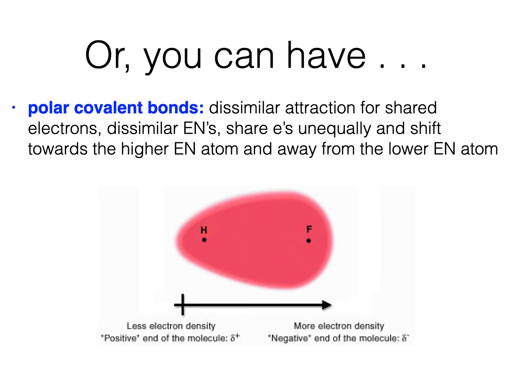Here you see this depicted in a hydrogen fluoride molecule. Two nonmetals, hydrogen and fluorine, but fluorine has a really high electronegativity, 4.0, and hydrogen only 2.1. So the electrons are not totally stripped off of the hydrogen, but they spend much more time towards the fluorine end of the molecule.